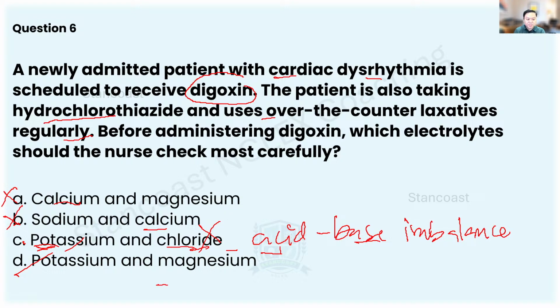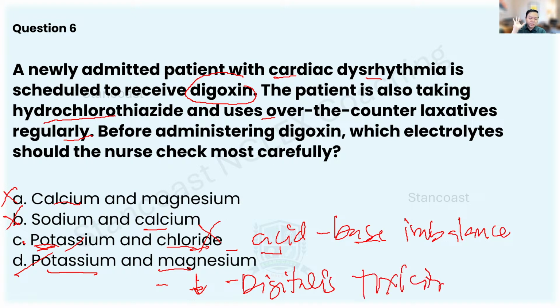So these are the two most important electrolytes that you should pay attention to, because if they are both low in their ranges, this can lead to digitalis toxicity. And remember all those manifestations, the early and the late manifestations. And also, if there is dig toxicity, remember about that medication, the Digibind. Remember that? Yes. Again, guys, these are the primary electrolytes that you should pay attention to. That would be letter D.